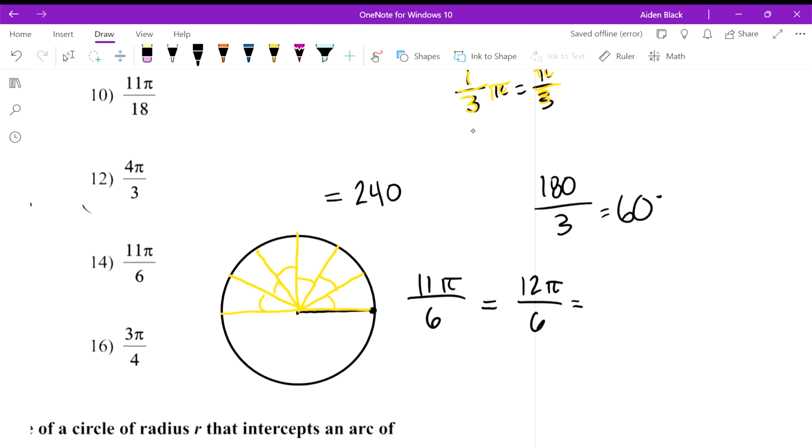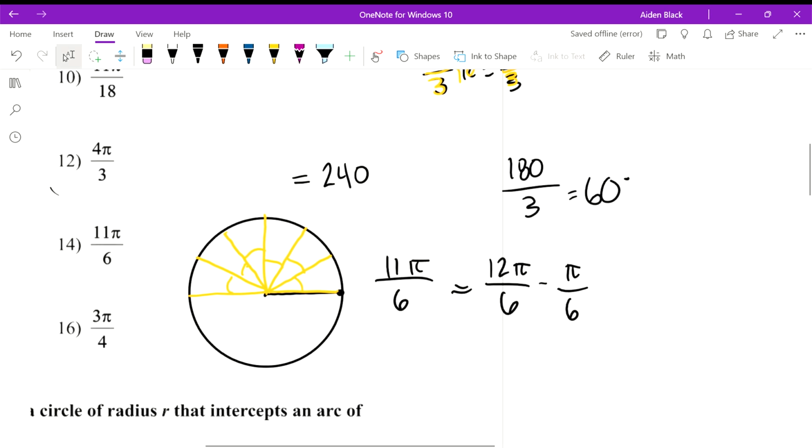And 12 pi sixths, so I'm going to write that out, pi sixths less than 12 pi sixths. And we know that 12 pi sixths is 2 pi, a full circle. So if you think about it, here's your full circle, 12 pi 6.